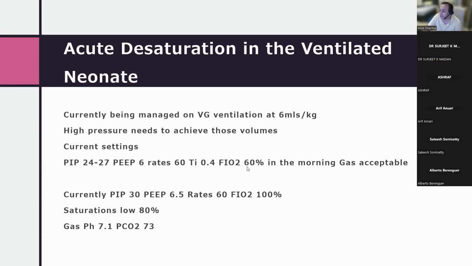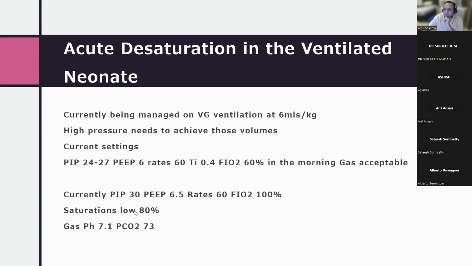The gases were acceptable. We had a pH of 7.25 in the morning with a CO2 of 60. But at 3 o'clock in the morning, this baby has gone into 100% FiO2. We are currently needing pressures of up to 30, actually needing to even relax the VG pressures to achieve 6 mils per kilo of volume guarantee.